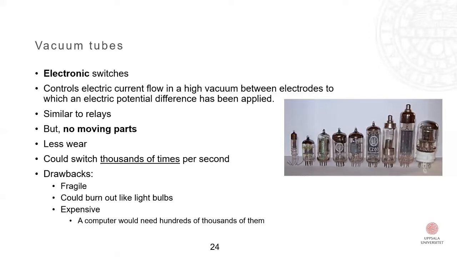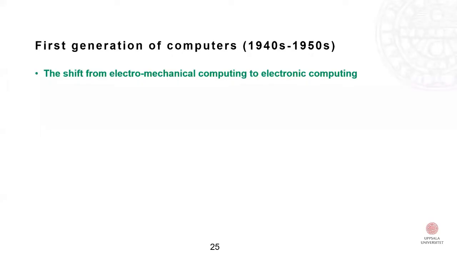But the invention of vacuum tubes started the era of modern computers, because now everything is electronic for the computations of the computers, and we don't have mechanical parts. So after the invention of vacuum tubes, we have switches that are electronic.